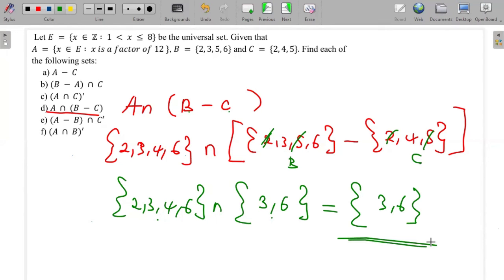So these things are easy. You just have to understand the basic concepts and then you continue with that. The other ones there, you can try them out. We can try out E, we can try out F, and then you can always consult with me if what you're doing is actually correct.